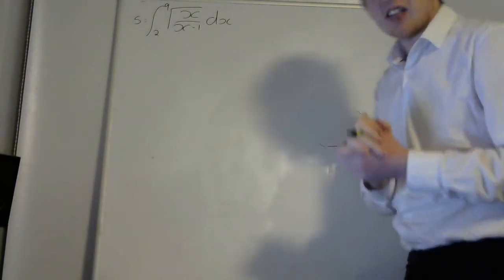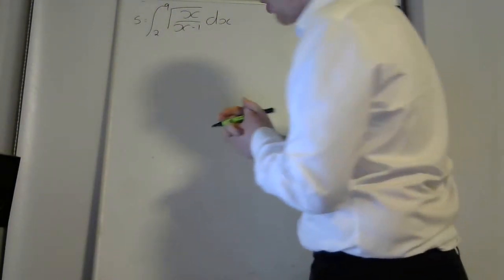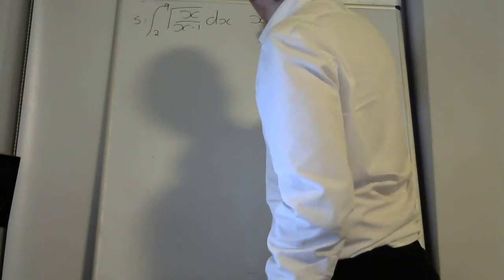So S was the integral between 9 and 2 of x over x minus 1 dx. And we're going to use the substitution x equals cosh squared theta.